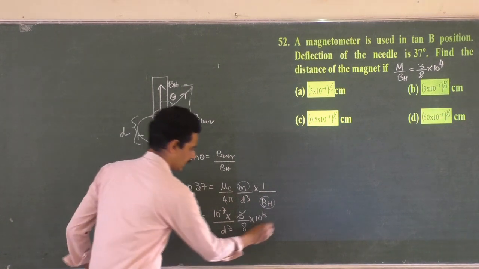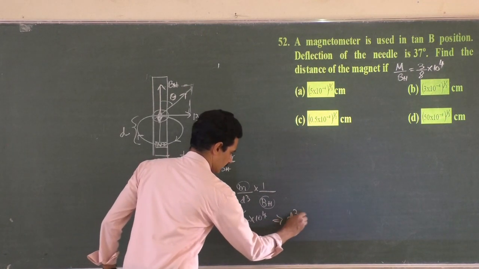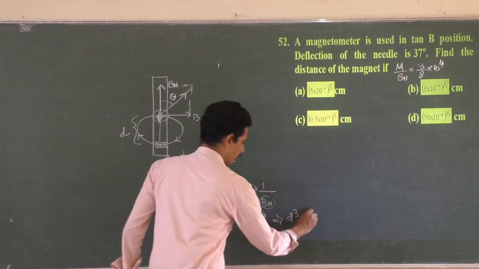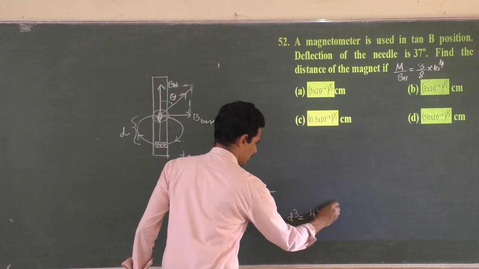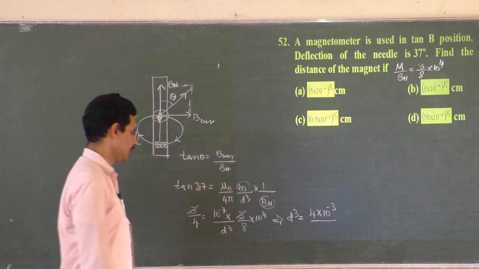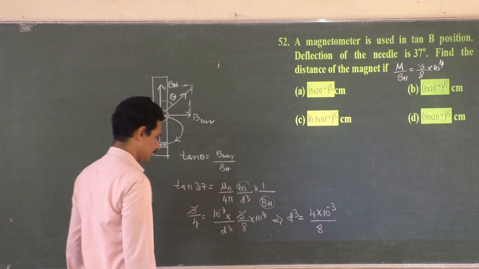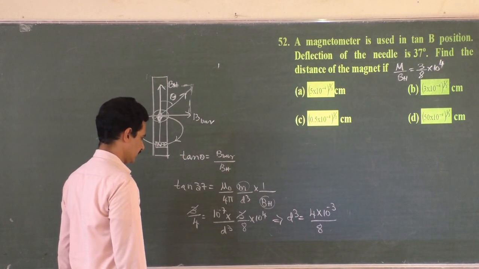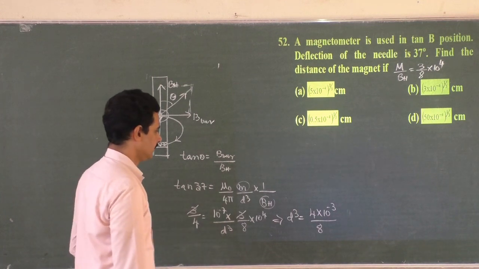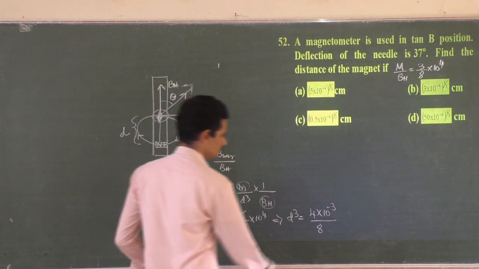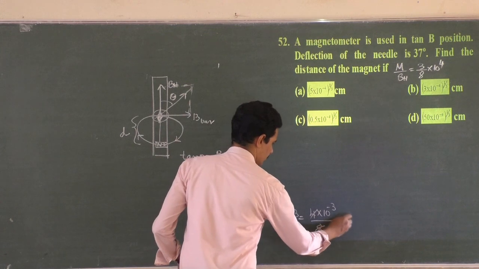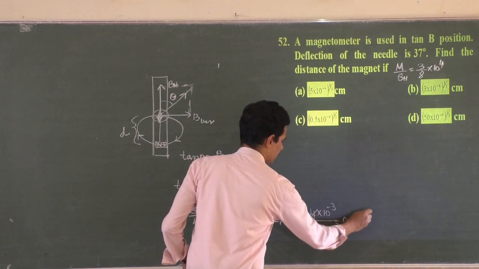So that implies d cube is equal to 4 into 10 to the power minus 3 divided by 8. Am I right? 4 into 10 to the power minus 3 divided by 8, and it becomes 1 by 2. That is equal to 0.5 into 10 to the power minus 3.